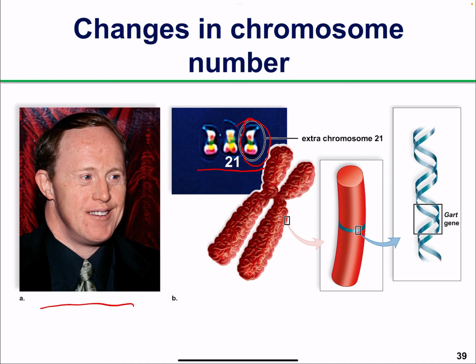And when looking at chromosome 21, we see that what is responsible for the features that are typical to people with Down syndrome is a particular gene right here on the chromosome that is called the GART gene. That GART gene is responsible for the many features that we see in people with Down syndrome.